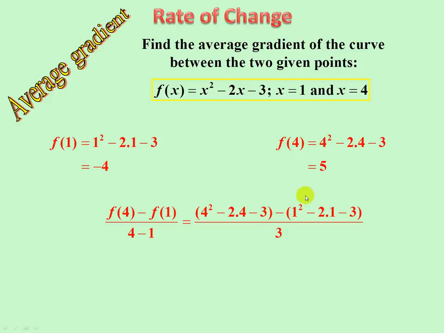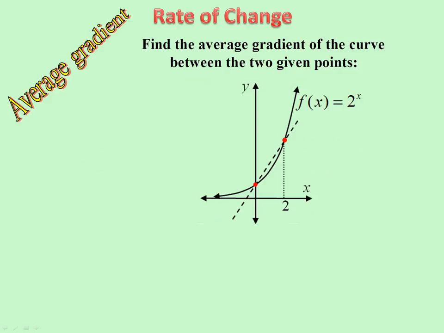But having calculated that, you could have just written 5 minus minus 4 there. Average gradient 3. On a graph, same thing. Substitute as well. Now notice there I've gone straight into the formula with the substitution instead of finding the y's separately.